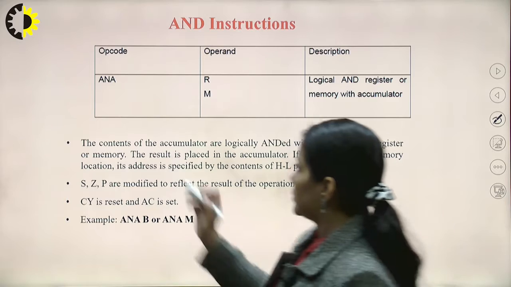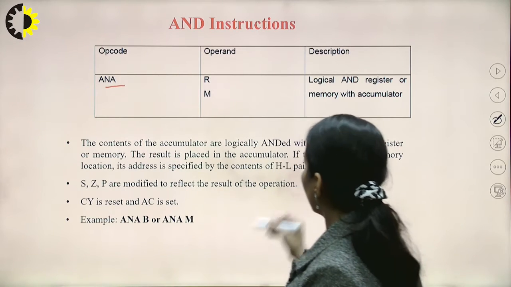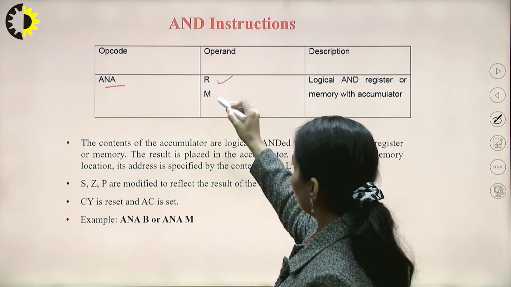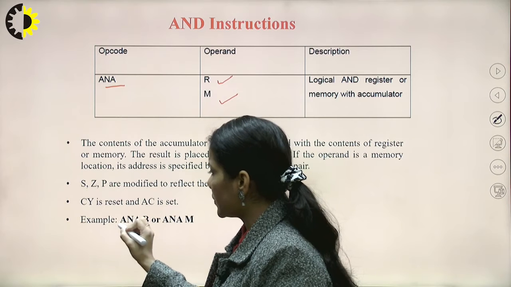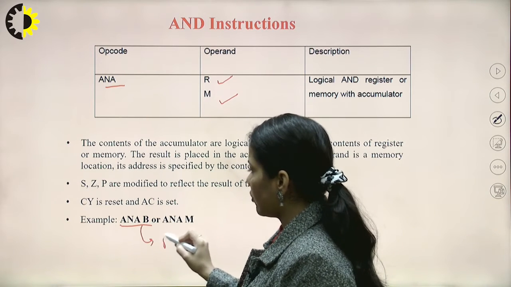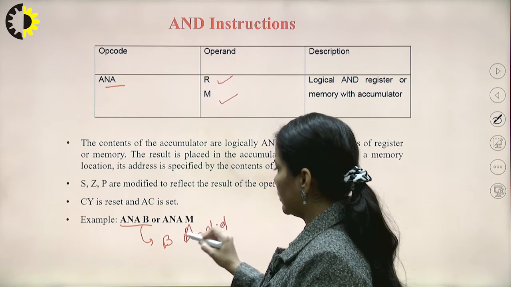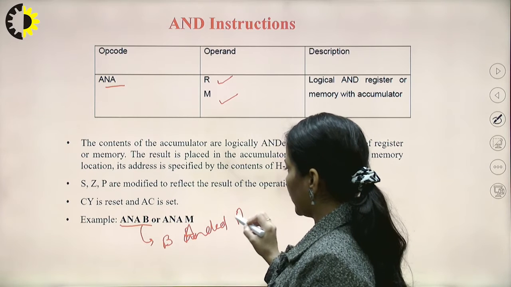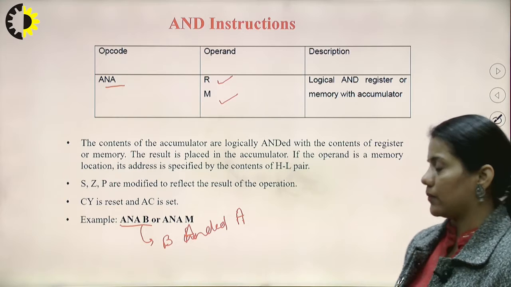The first instruction that is covered is ANA. Operands are register or the memory. ANA B means the contents of B are logically ANDed with the contents of accumulator, and the result is stored in accumulator only.